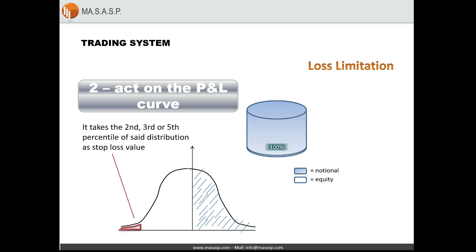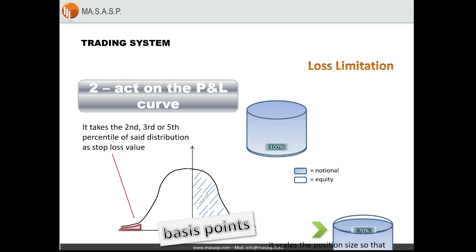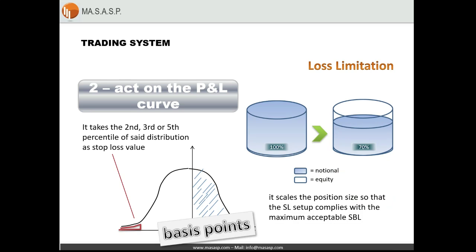That means that they are measured in basis points. The second action is to scale the position size so that the stop loss setup complies with the maximum acceptable single biggest loss.